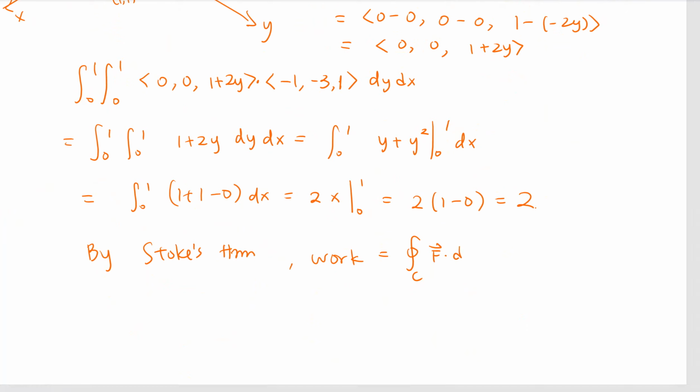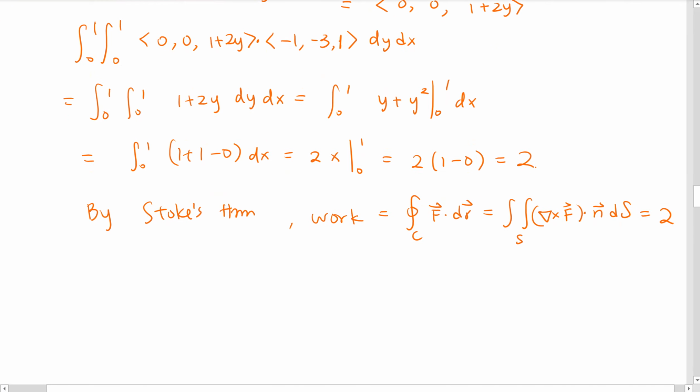The line integral of F dot dr is this double integral over the region S of curl F dot product with N dS. And our answer is 2. So far, so good, everybody?